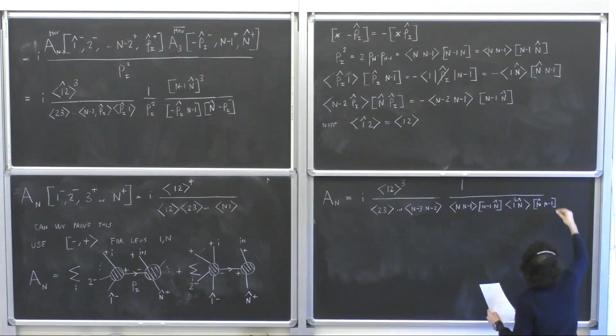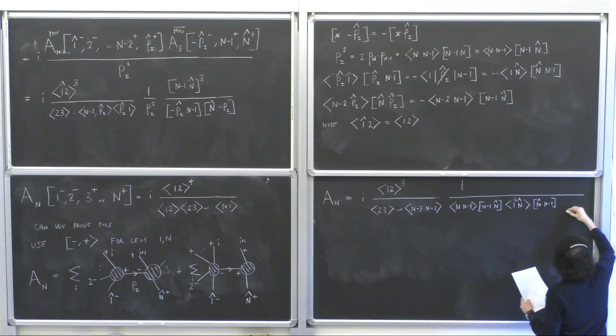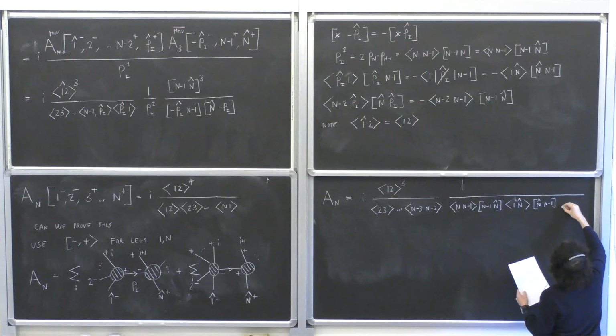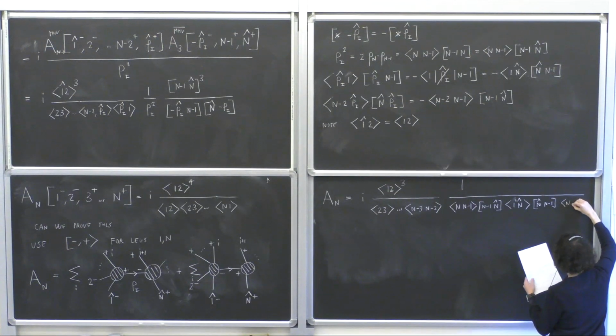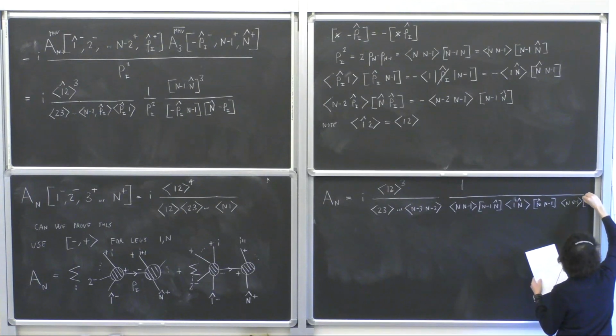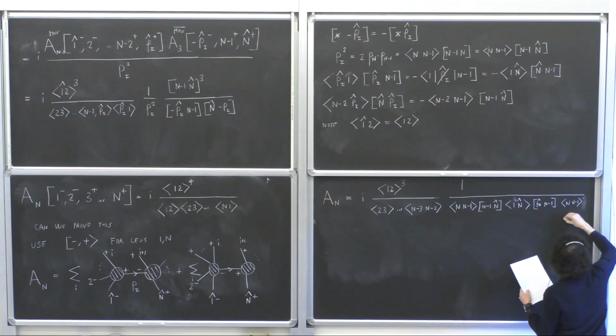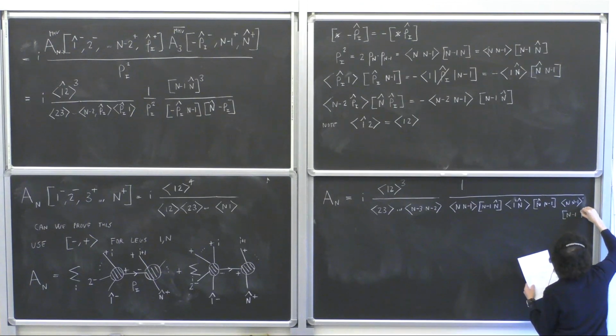That's the third line over there. And then I continue by finishing with the n-1 angle brackets, and then I have to put it here, n-1, n.